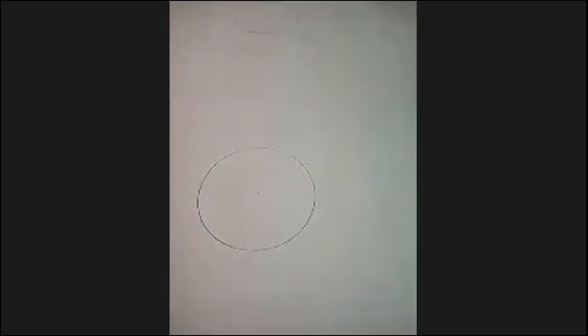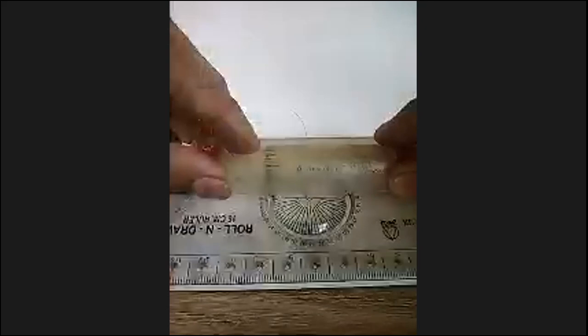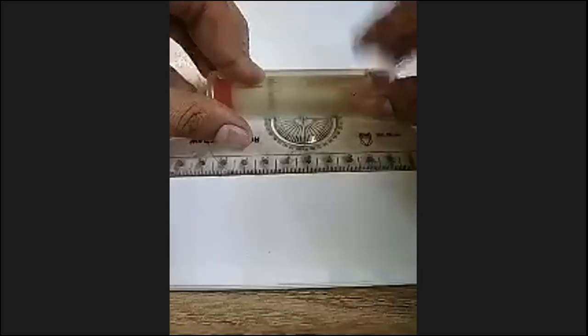This is my base circle. I will use this page and my scale with this page, to get my horizontal like this.